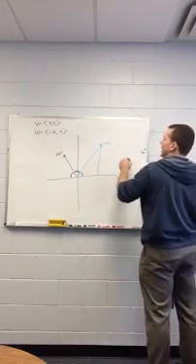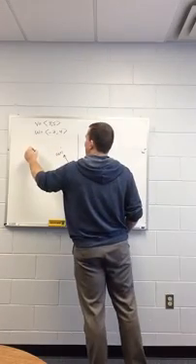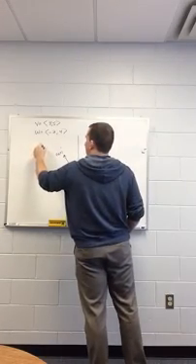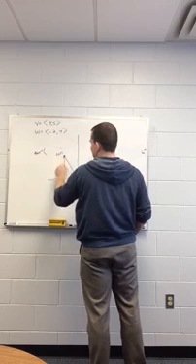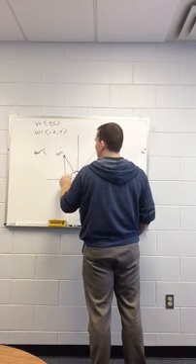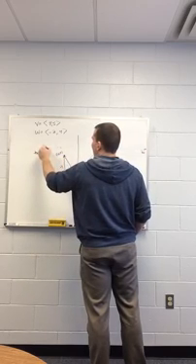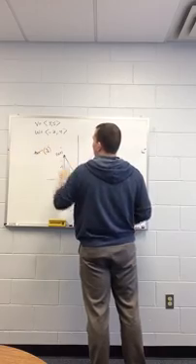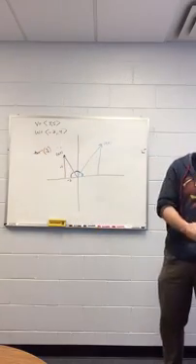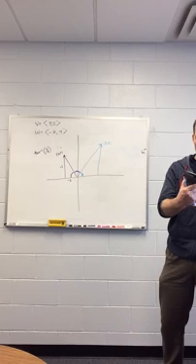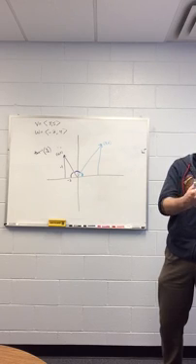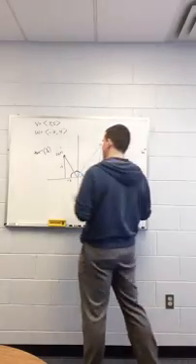Doing it really quickly, let's see, we'll do this one since I have the purple marker out. Tan inverse of, in this case, it's negative 2, 4. So that's 4 over negative 2. So that's tan inverse of negative 2, which is 63.4 degrees.